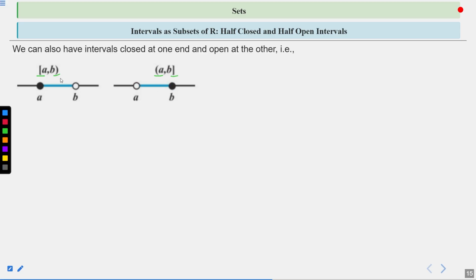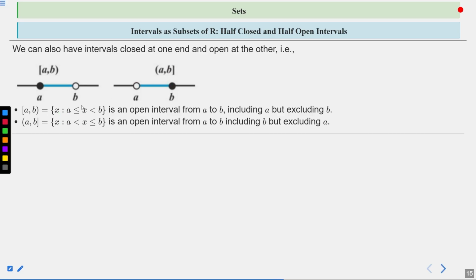What do these represent? The first represents simply the collection of all real numbers such that X is greater than or equal to A but strictly less than B. So here we included A while excluding B. Now for the second, this is the collection of all real numbers X such that X is strictly greater than A but less than or equal to B. Here we excluded A but included B. Clear?